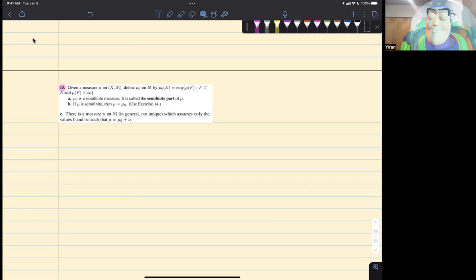If you look at the definition of mu naught, it involves a supremum, right? It looks complicated to show the equality directly. At least I don't have any idea about how to prove the equality directly. So what I am going to do is try to prove one of the inequalities, right? Okay.